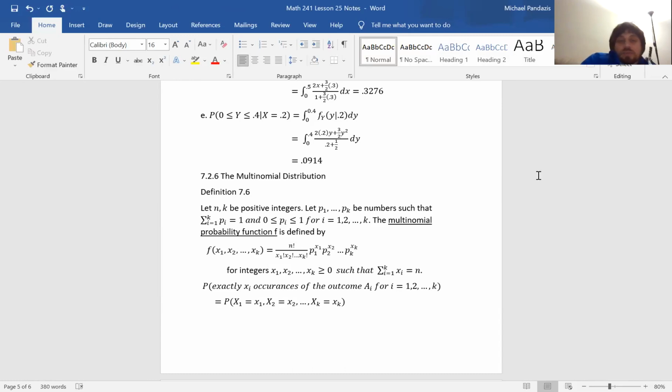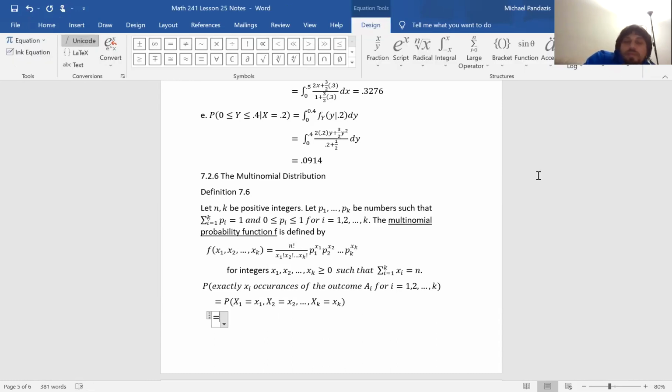And that's equal to n factorial divided by x1 factorial, x2 factorial, dot dot dot, x sub k factorial, times p1 to the x1, p2 raised to the x2, dot dot dot, p sub k raised to the x sub k.